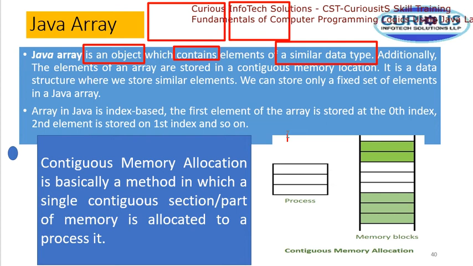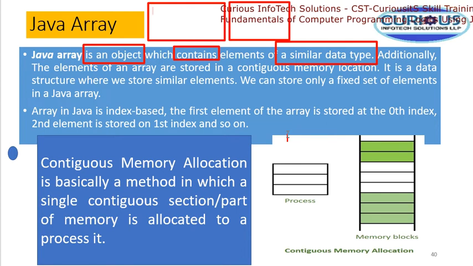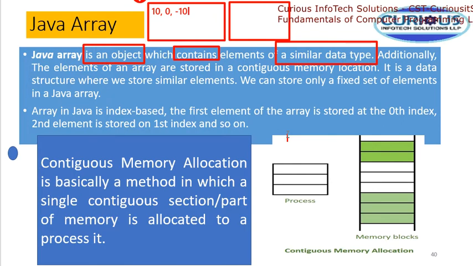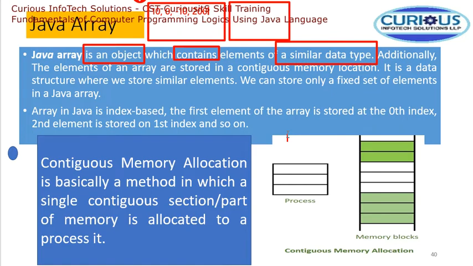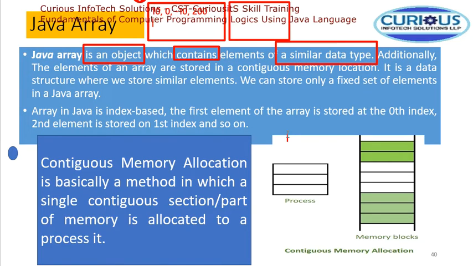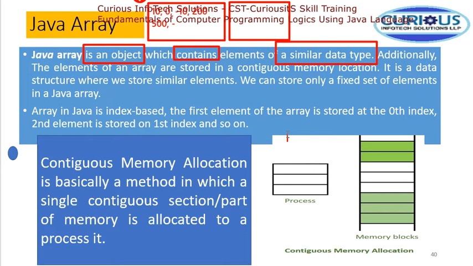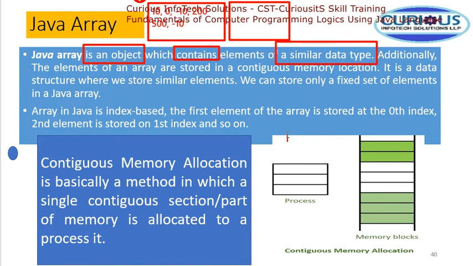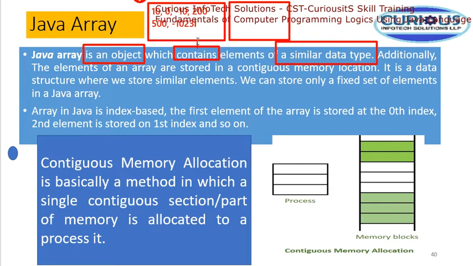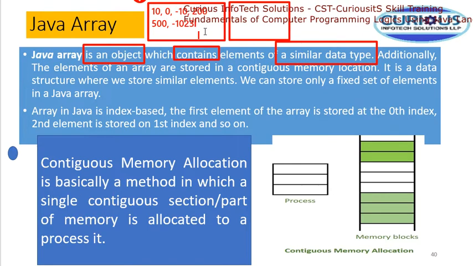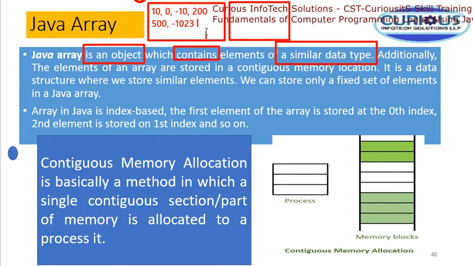For example, I have 10, 0, minus 10, 200, and one more, say 500. If this kind of numbers are there, we can say all numbers belong to which data type? It is in the domain of integer.